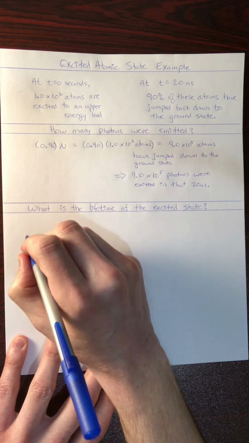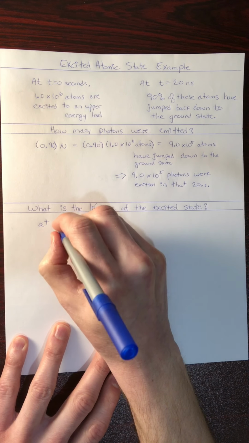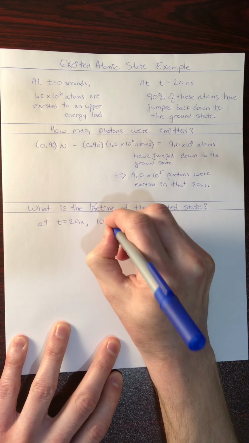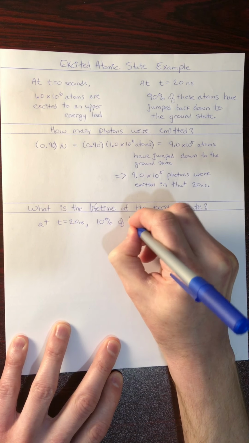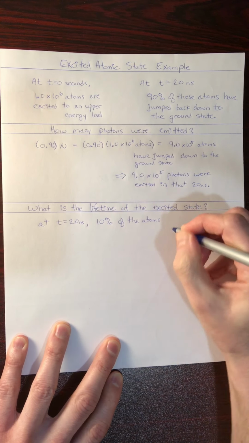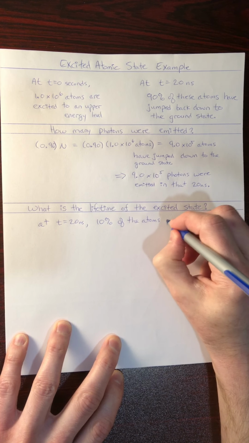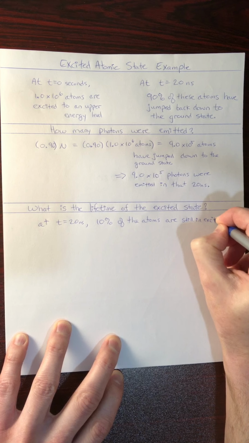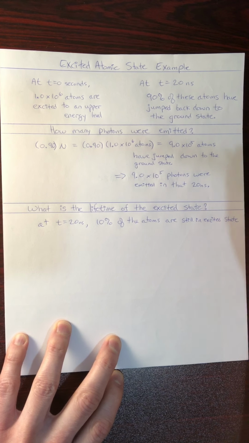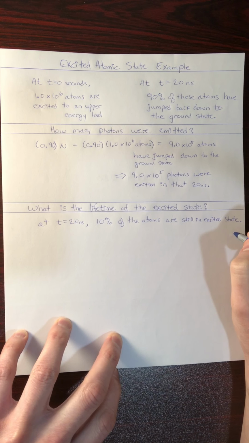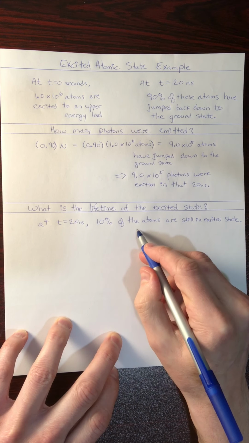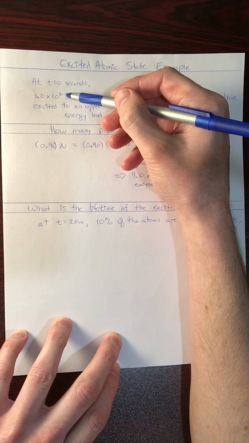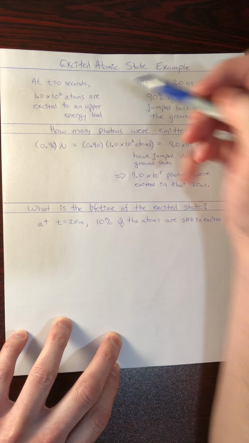Okay, so to think about this, we're going to say, well, at t equal to 20 nanoseconds, 10% of the atoms are still in the excited state. 90% are back down to the ground state, so 10% are left in the excited state, and that's 10 to the 5 atoms, right? That's 10% of 10 to the 6 atoms.